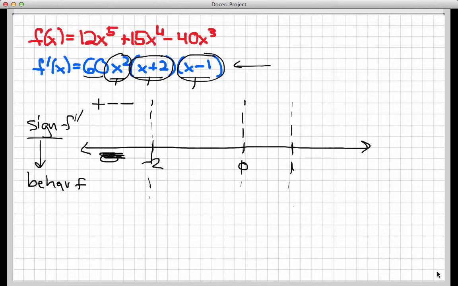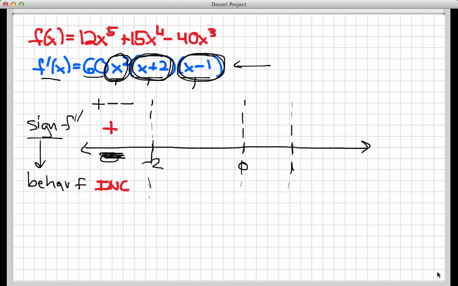So on this interval, if I evaluated a number into f prime, I would be taking a positive number for x squared times a negative number for x plus 2 times another negative number for x minus 1. And the result there is entirely positive. A negative number times a negative number times a positive number is positive. And what that indicates is that f is increasing on this interval.